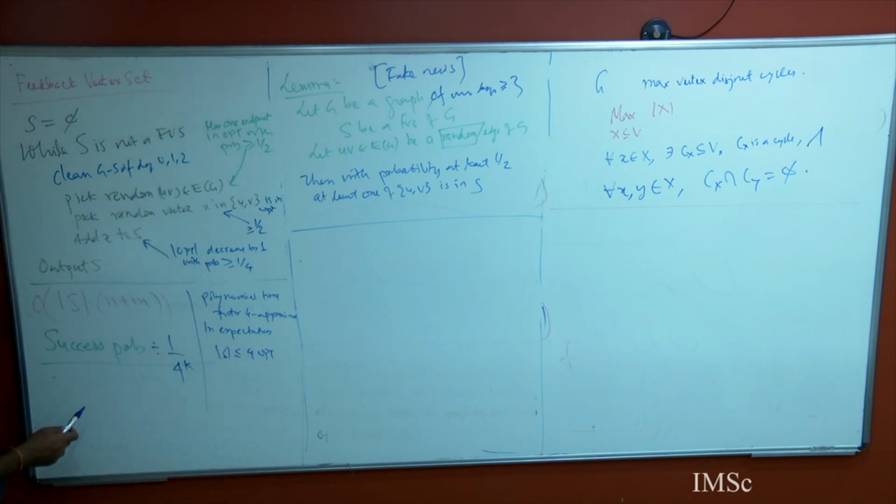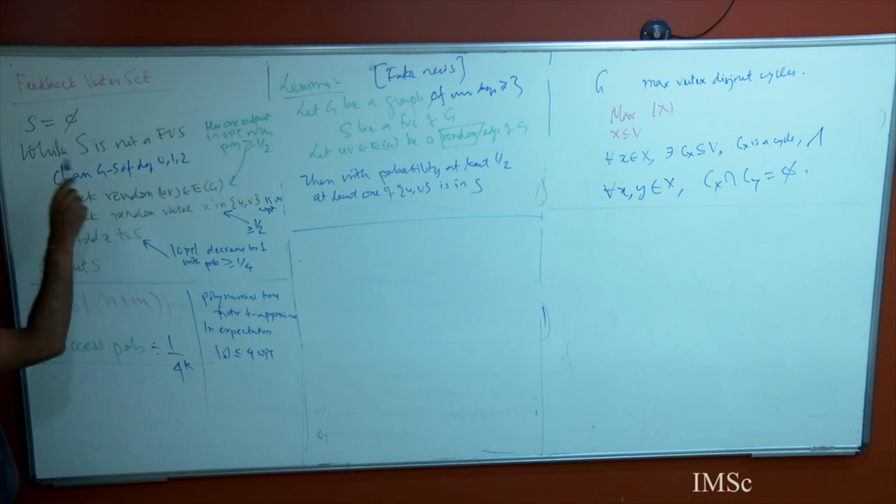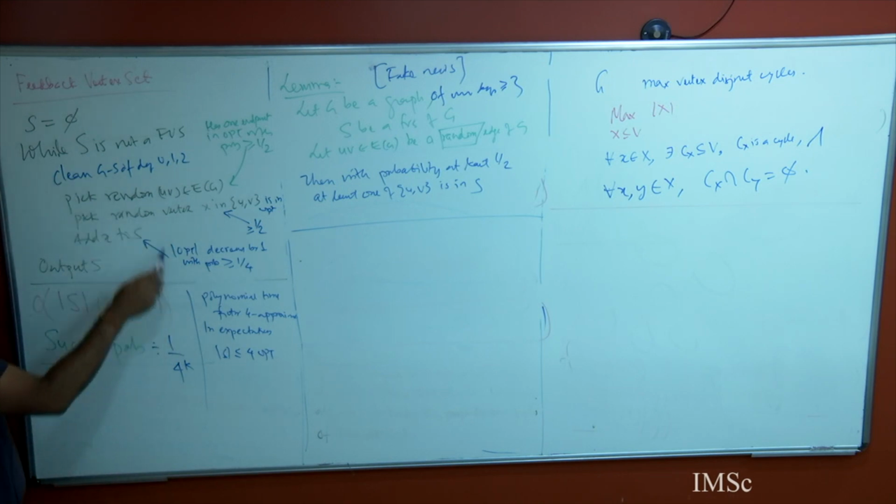So if I want a good FPT algorithm, I have to run this algorithm 4 to the power k times, and if I do not care about an FPT algorithm, then I can just run this algorithm, and whatever comes, that's a factor 4 approximation with very high probability.